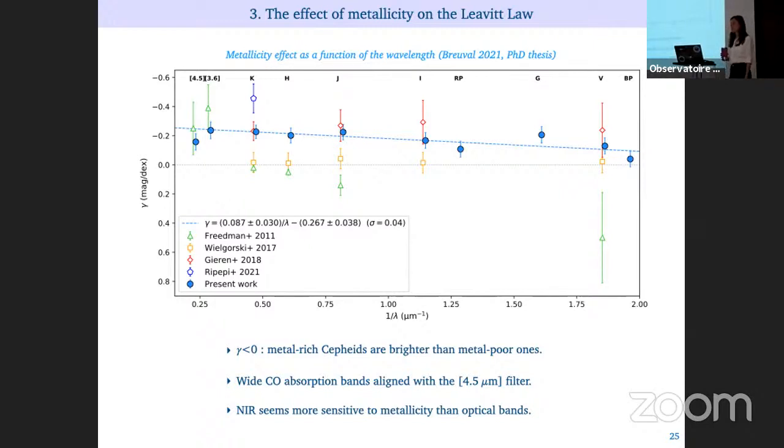And empirically, what we can do is just compare the PL relations and use more data with a larger range of metallicities to have a more precise value and understand the trend, whether it's dependent on the wavelength or not. But for now, it's really different from what we get from the models. So there is work for both sides.